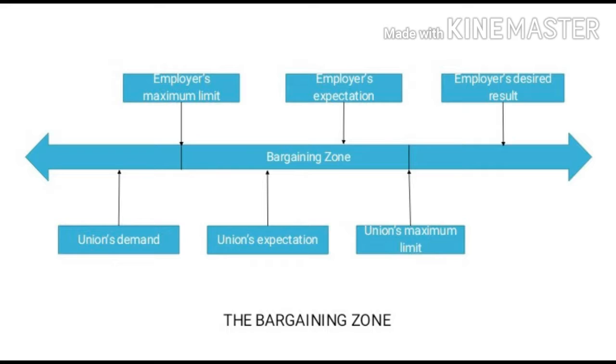Assuming, however, that some overlap exists between the organization's and the union's demands and expectations in the bargaining zone, which is also called a positive settlement zone, and also assuming that both sides are willing to compromise and work hard at reaching an agreement, then an agreement probably will be attained.